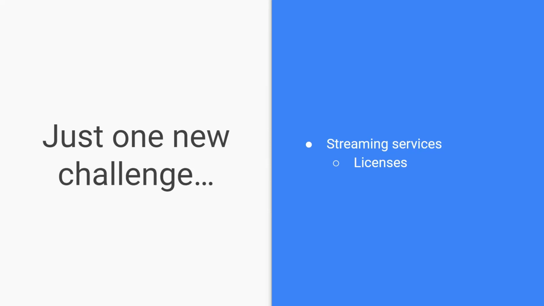Streaming services are great because they do provide ease of access to materials, but it is also a new challenge in the digital age because those physical objects that we used to have and buy so often are now being sort of phased out. And we're relying a little bit more on the internet and a streaming connection versus having something in hand.